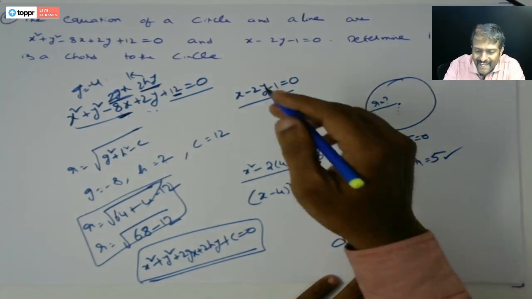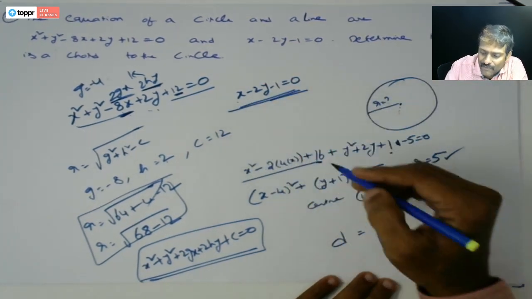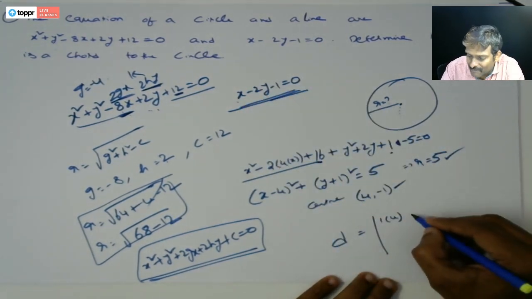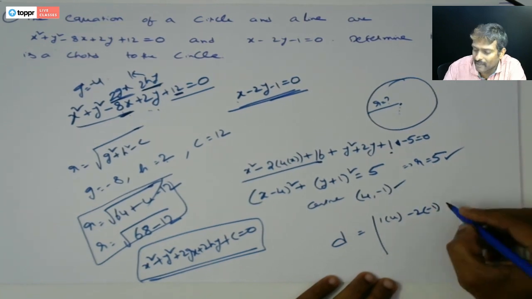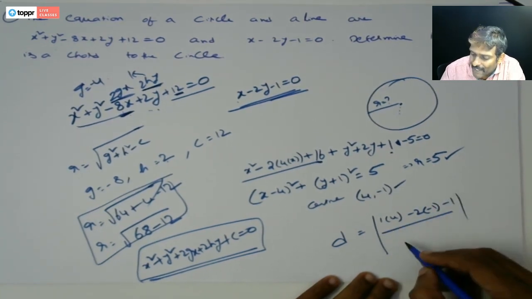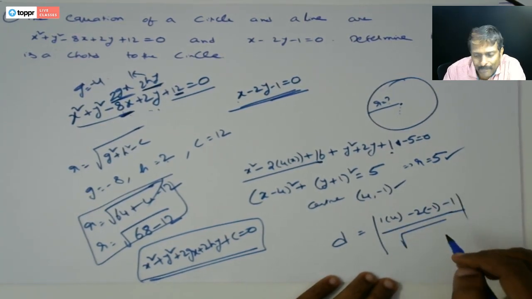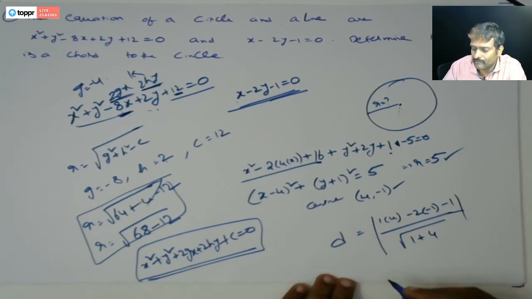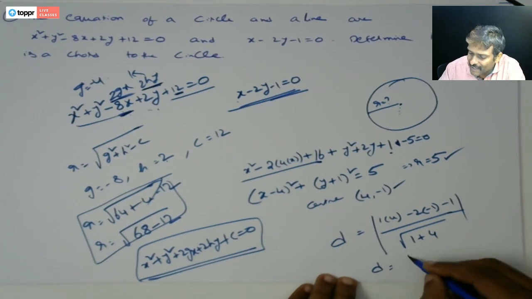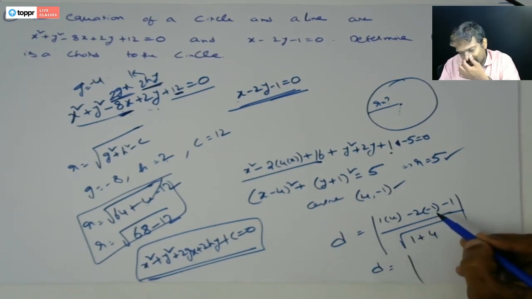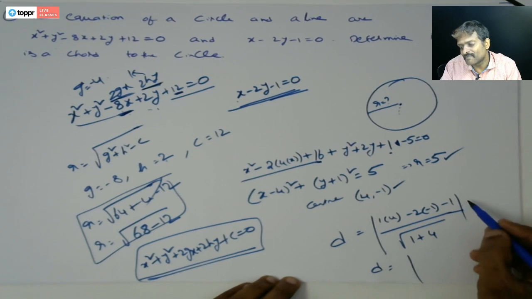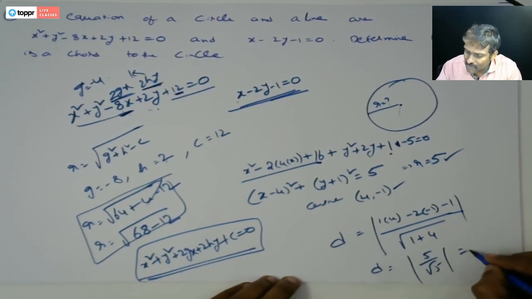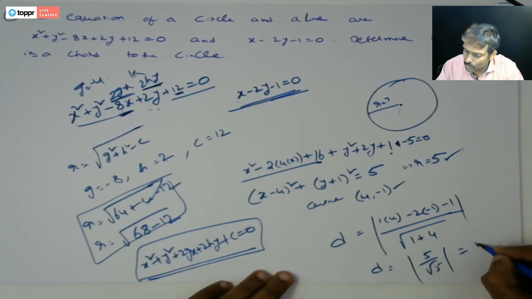So here A value is 1 times 4, and B value is minus 2 times minus 1, and C is minus 1 by root of A square plus B square, which is 1 plus 2 square is 4. So the value of d is 4 plus 2 is 6, 6 minus 1 is 5 by root 5, which is equal to root 5.